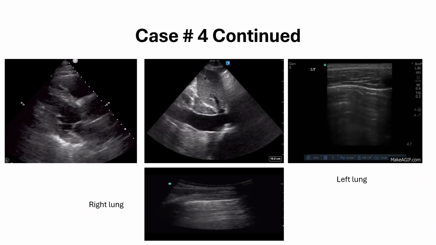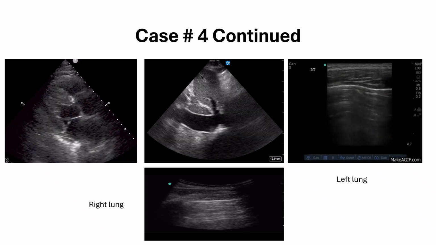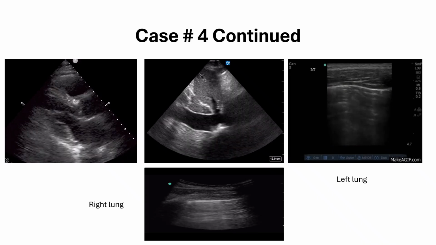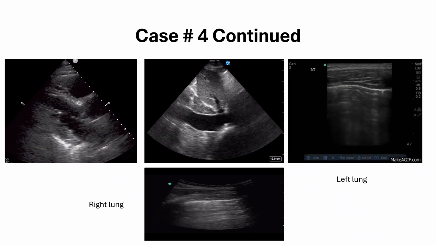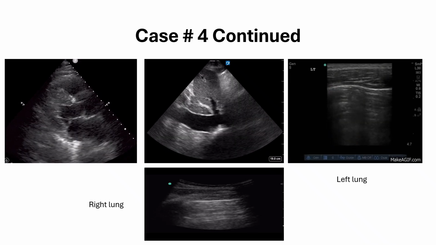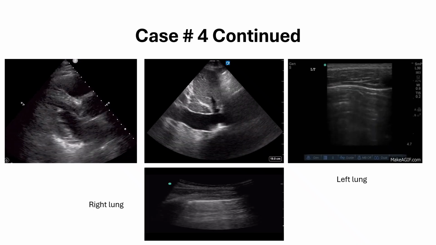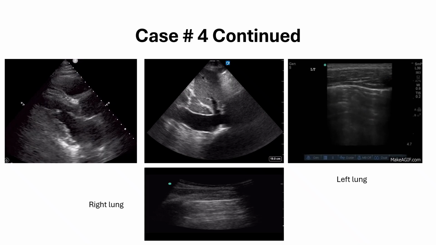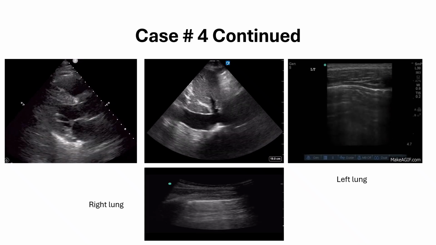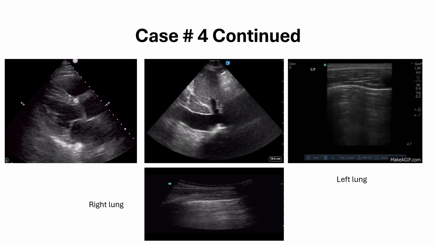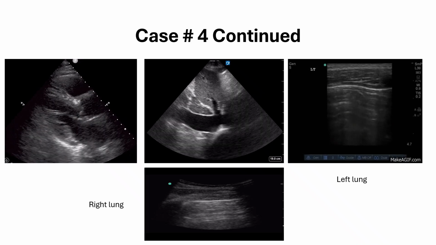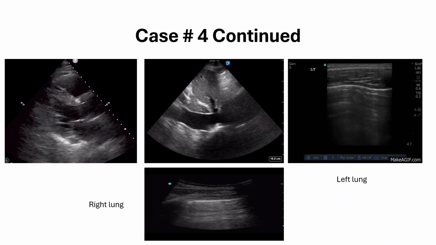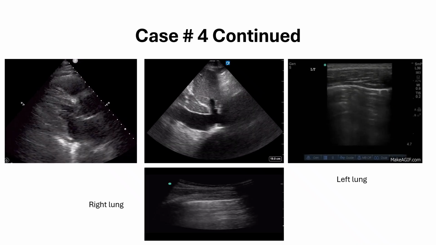This is called a lung point, which is a very specific sign of a pneumothorax. Please take a moment to read the slide. This patient has a tension pneumothorax causing obstructive shock, and he needs to be decompressed by placing a needle decompression device or chest tube, whichever is faster.